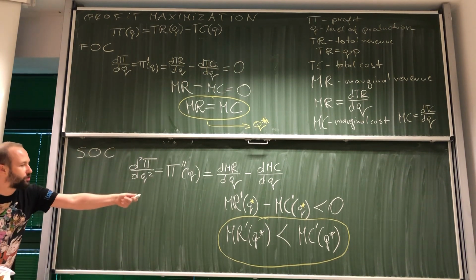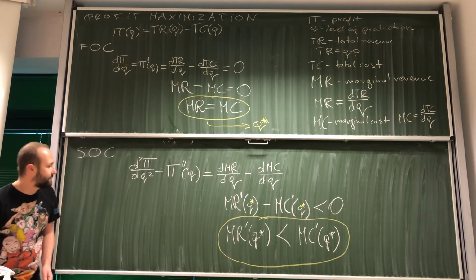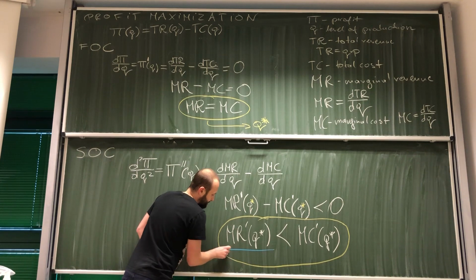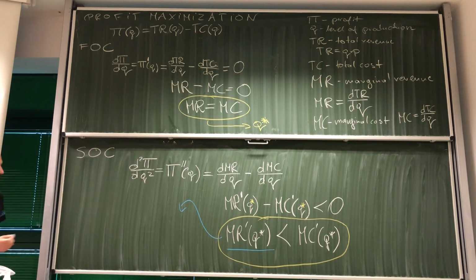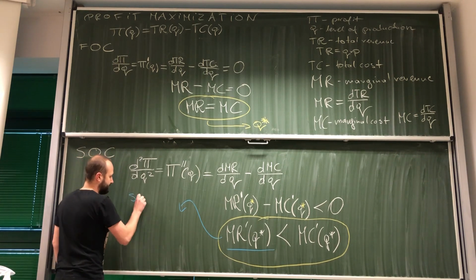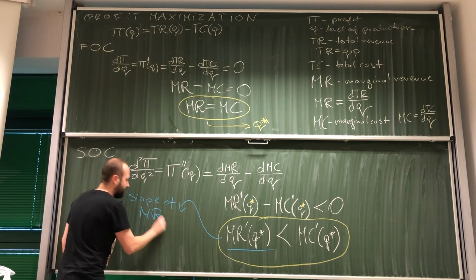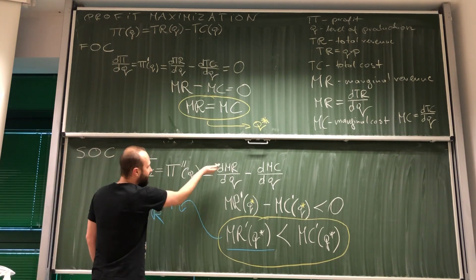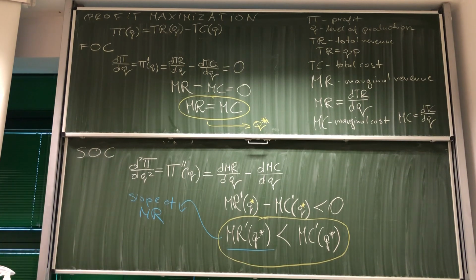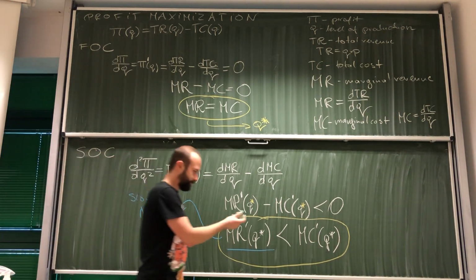But what are those two expressions? Okay, let's start with this. This is the slope of marginal revenue. How do we know this? Good. This is simply a derivative of marginal revenue, so it must represent the slope of marginal revenue.